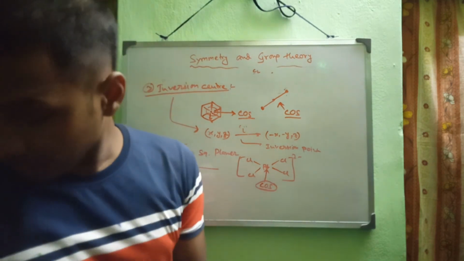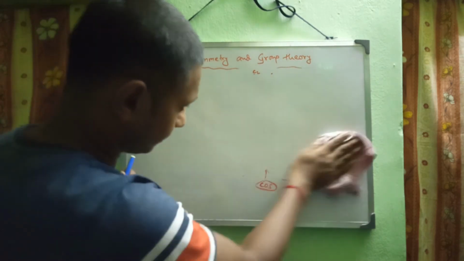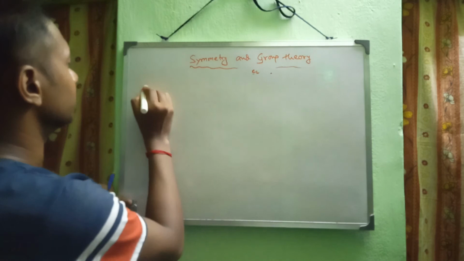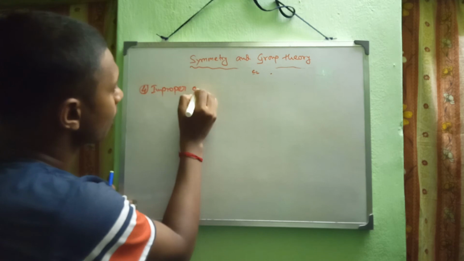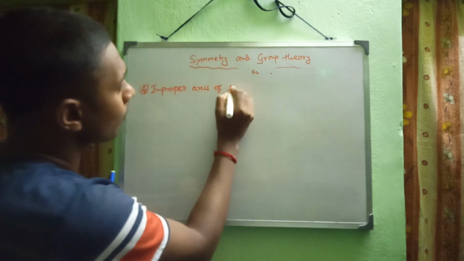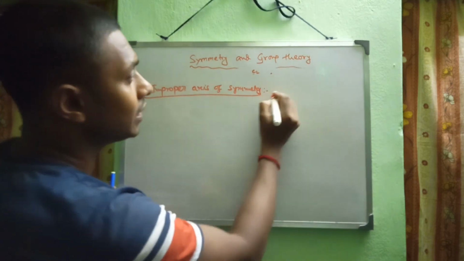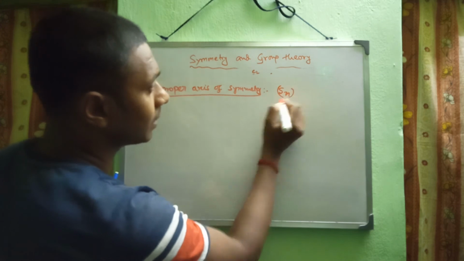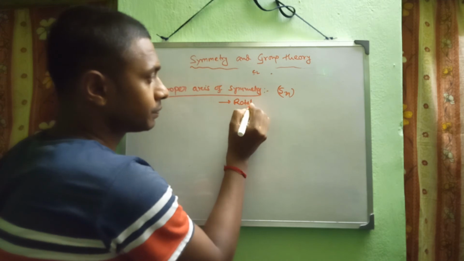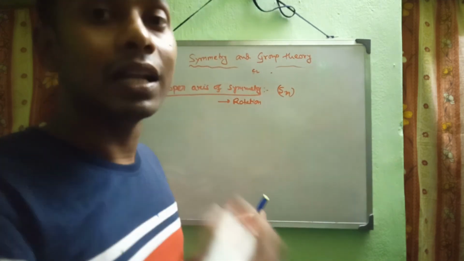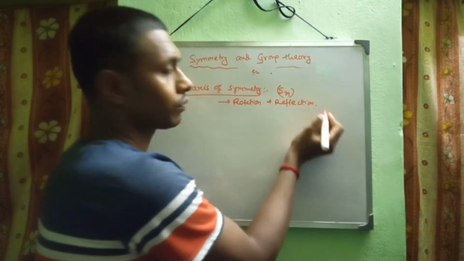Now the last one is the improper axis of symmetry. It is denoted by Sn. It consists of two symmetry operations. One is rotation and the second one is reflection. Okay.